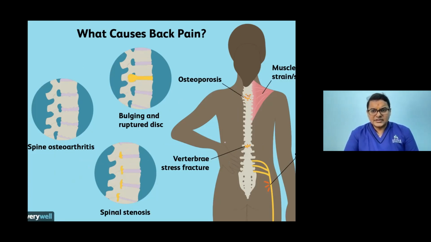Or you can have muscle strains. These days, muscle strains are very common, especially in work from home people. As you know, COVID has changed all our lives. So we sit for a long time.